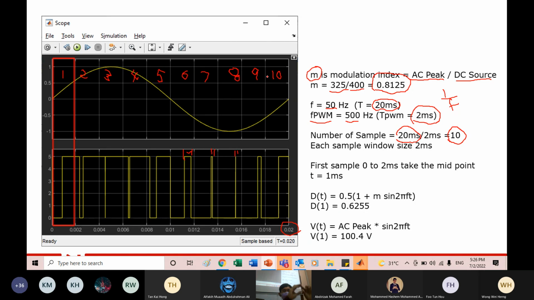You chop them into 10 pieces. Now, the higher the frequency, if I add one more zero, you chop them into 100 pieces.